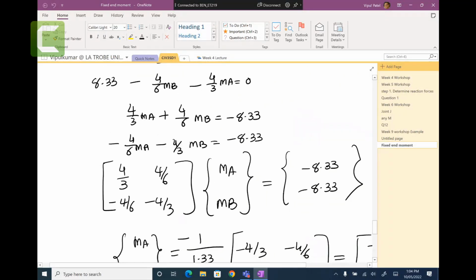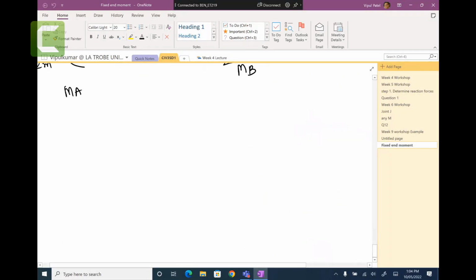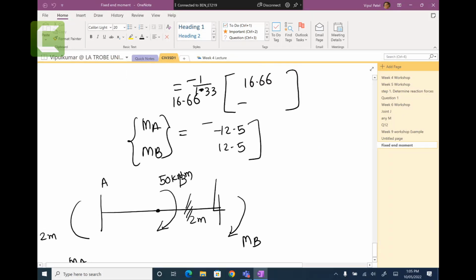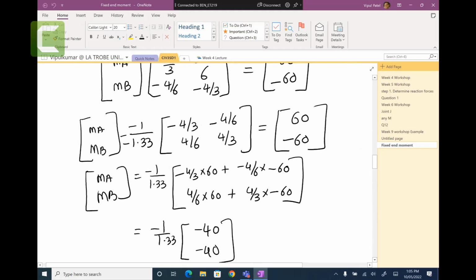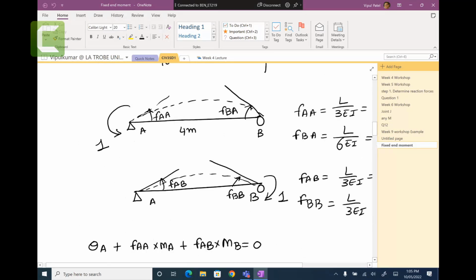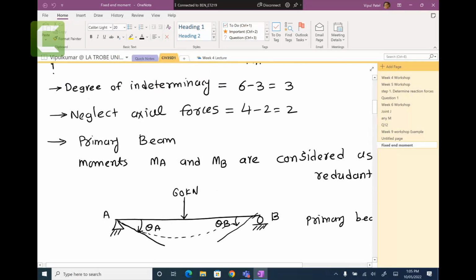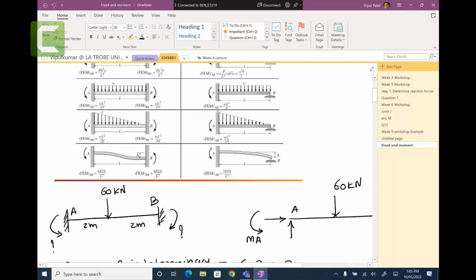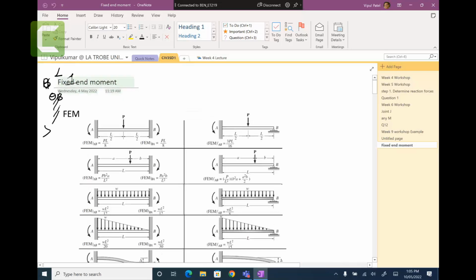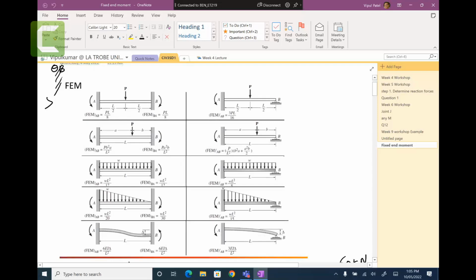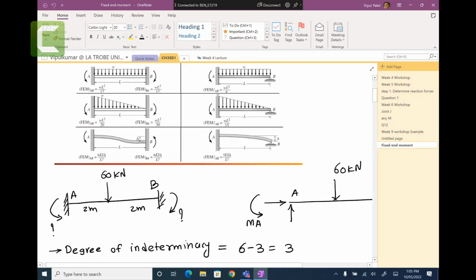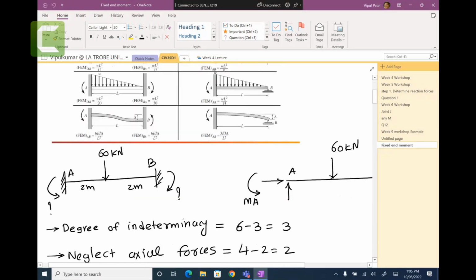Let me find that. Looks like the geotech lab is working, so a few students did not show up. Do you remember this one from last week?